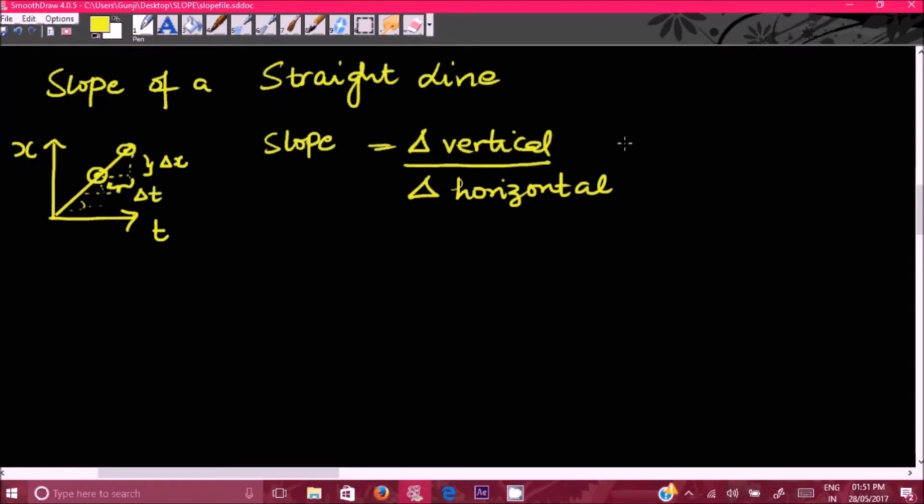So the slope of this graph will be delta x by delta t, which means change in displacement over change in time. Now we know that the change in displacement over time is known as velocity. This means that the slope of a displacement time graph gives the value of velocity. So velocity is equal to delta x by delta t.